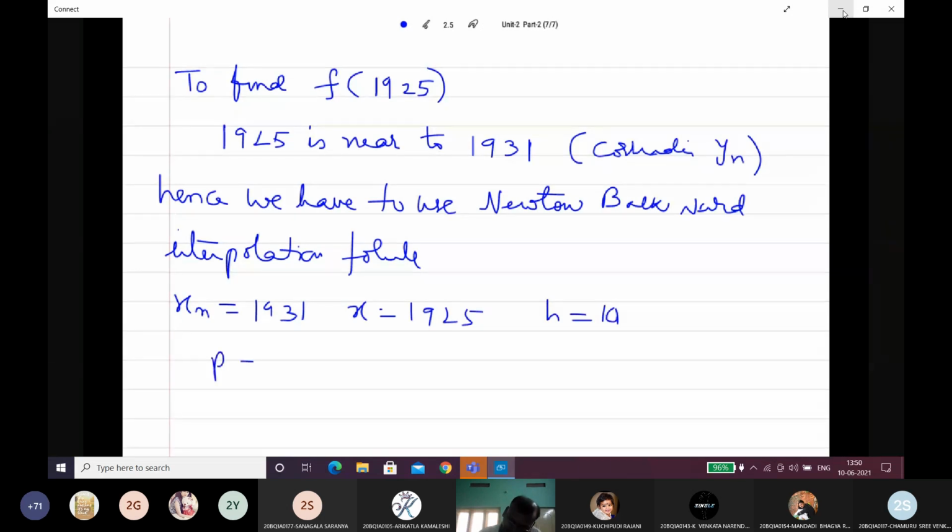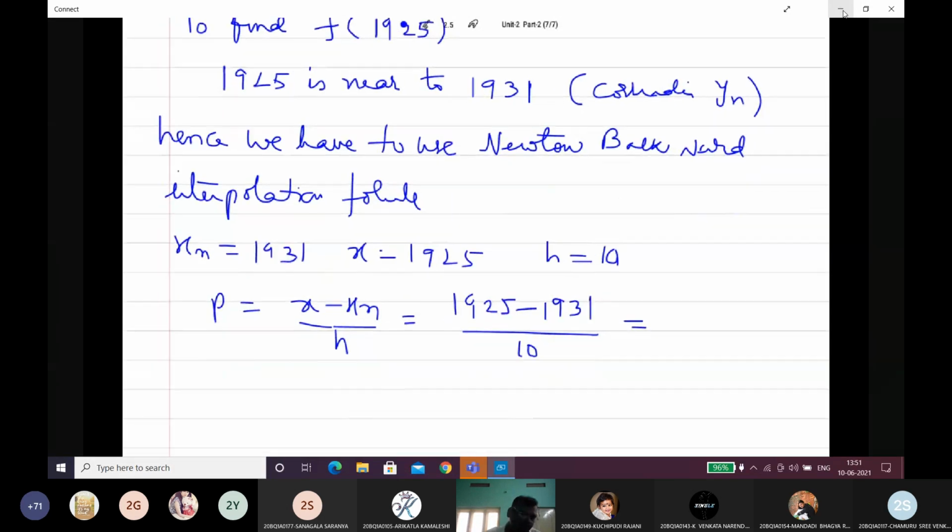T is equal to x minus xn by h, that is 1925 minus 1931 by 10. Right? ఎంత వస్తుందమ్మా చూడు.